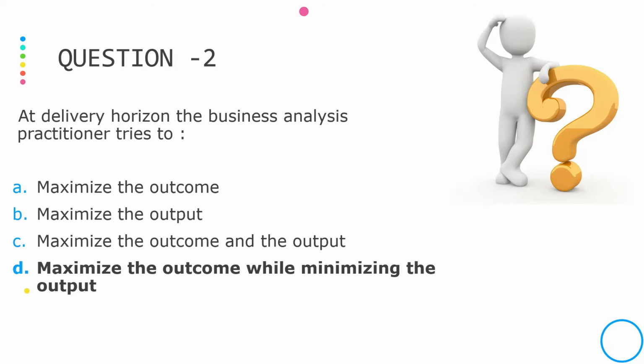So the correct answer is maximizing the outcome while minimizing the output. The outcome is value driven, whereas the output is amount driven. What it means is it is very well possible that the team is delivering a lot of output in terms of documentation, in terms of software, in terms of the physical setup or physical product, but that is not delivering value to the end customer, and that's where these terms are being differentiated.